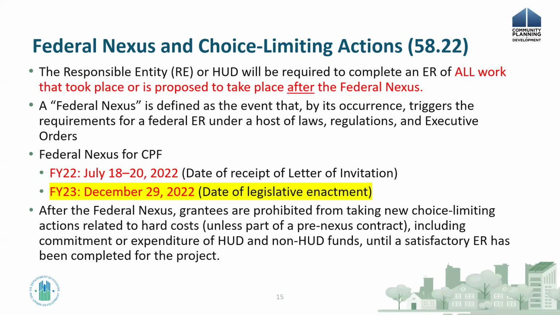That last bullet there, after the federal nexus, grantees are prohibited from taking new choice limiting actions related to hard costs unless part of a pre-nexus contract, including commitment or expenditure of HUD and non-HUD funds until a satisfactory review has been completed.